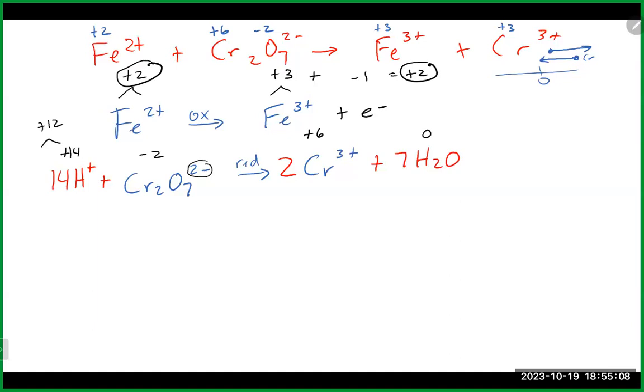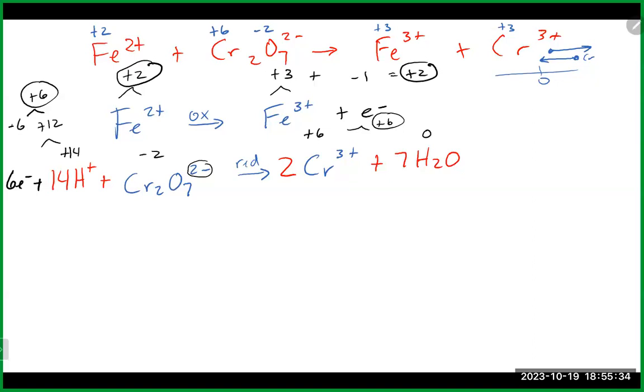Which side needs the electrons? The left-hand side, right? And we will need 6 electrons in this case. 6 electrons gives me a -6, which gives me a +6 on the left to mask my +6 going on the right-hand side. Any questions on that there?